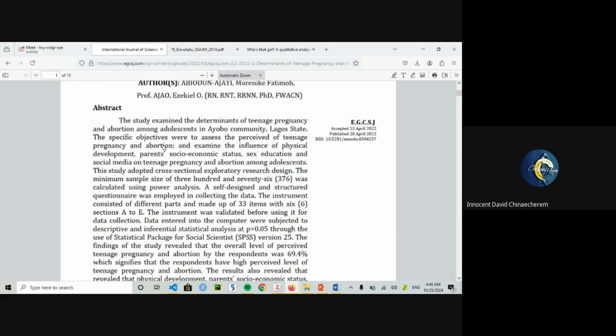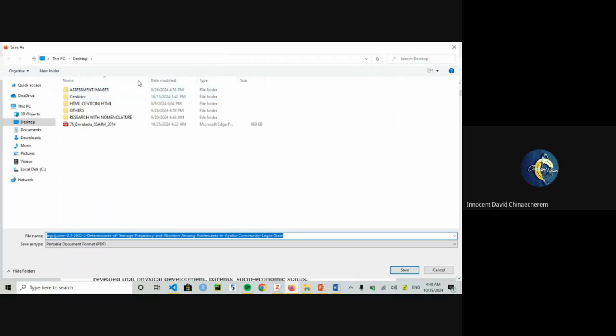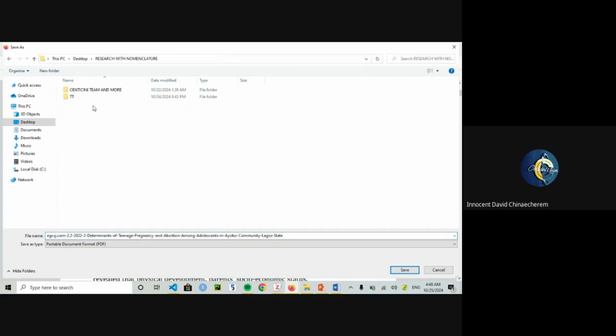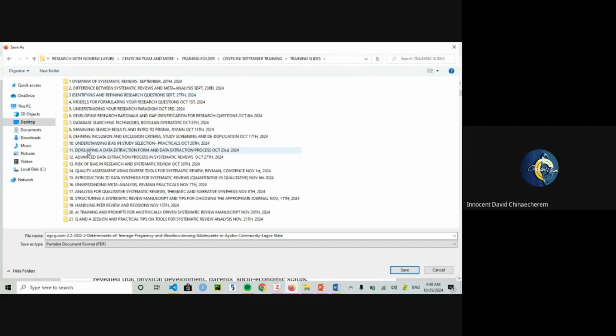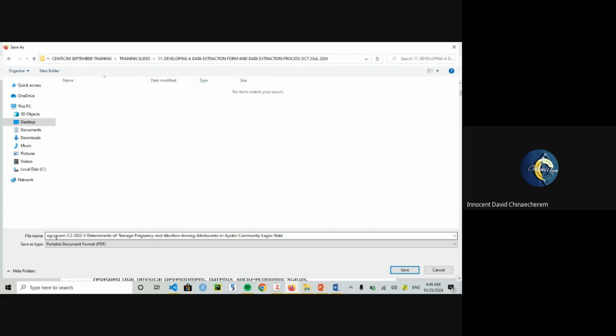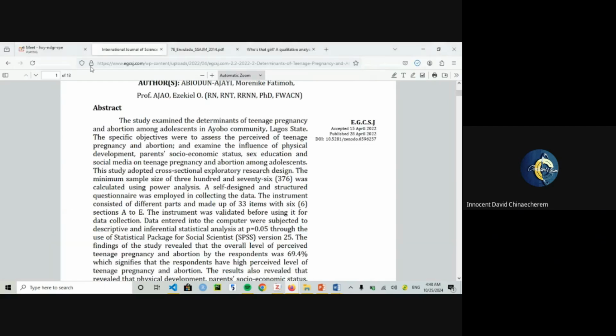So I will quickly save that to our training folder. I'm going to save it here. I'm going to call this article 1. Cool.